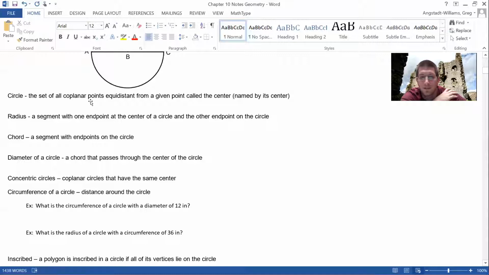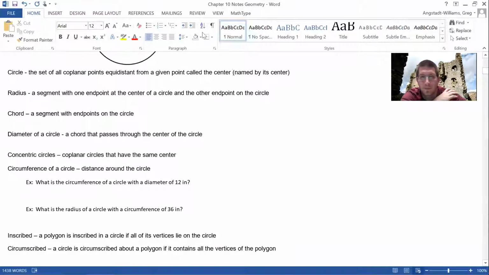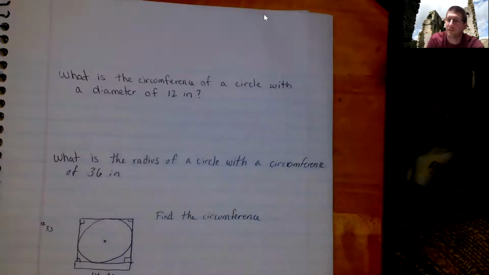So now there are two examples. So let's switch over here to the document camera and we'll do those two examples together. So the first example, it simply says, what is the circumference of a circle with a diameter of 12 inches? So like I told you, we have two formulas.